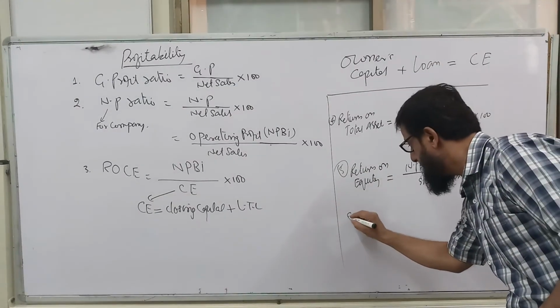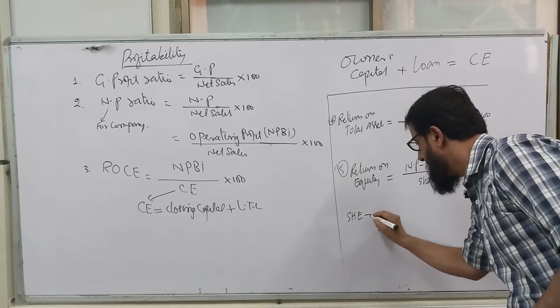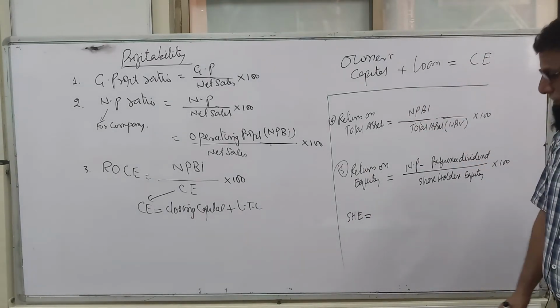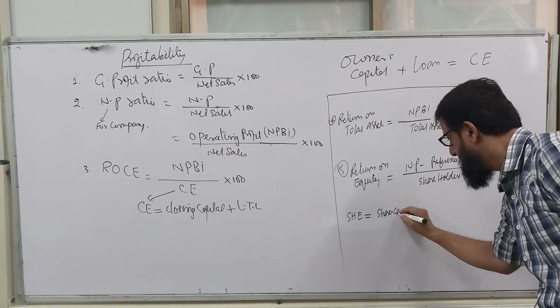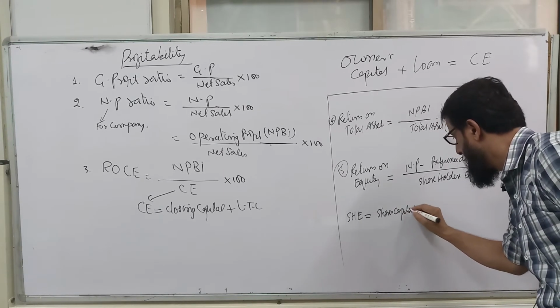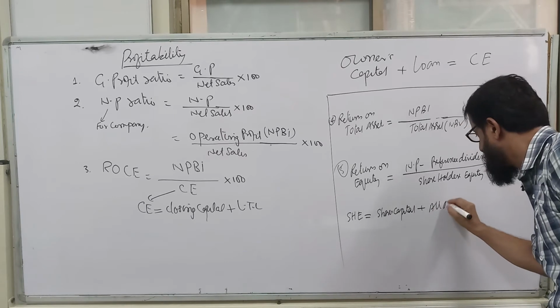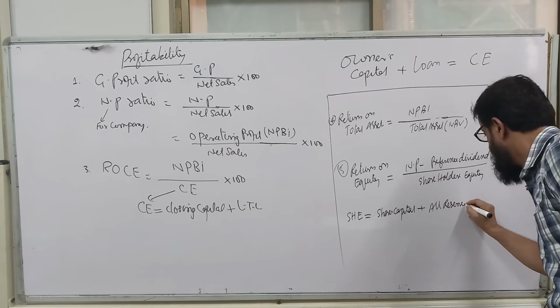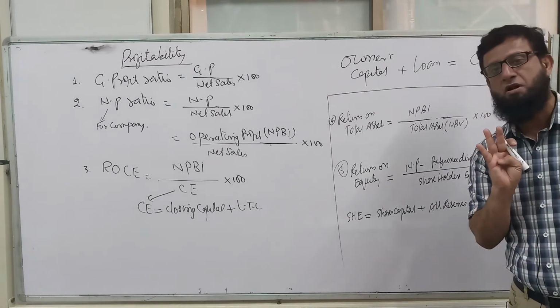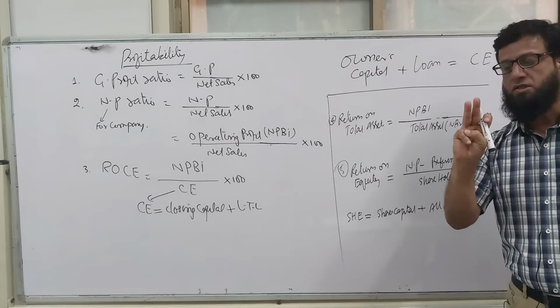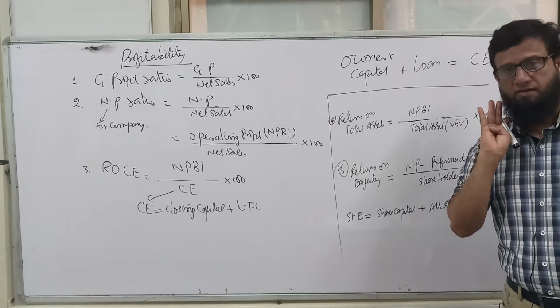The shareholders equity, we have learned this in the limited liability company chapter. Shareholder equity equals share capital plus all reserves, and we have 4 reserves in accounting, right? 4 reserves, 2 are the capital reserves and 2 are the revenue reserves.